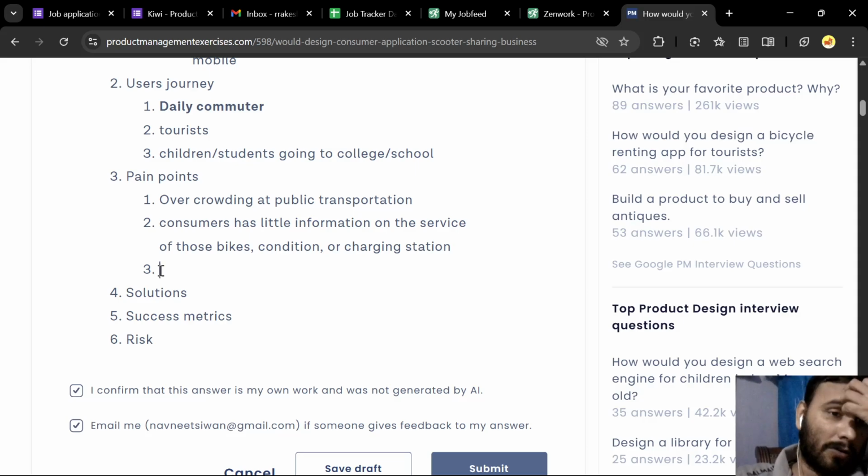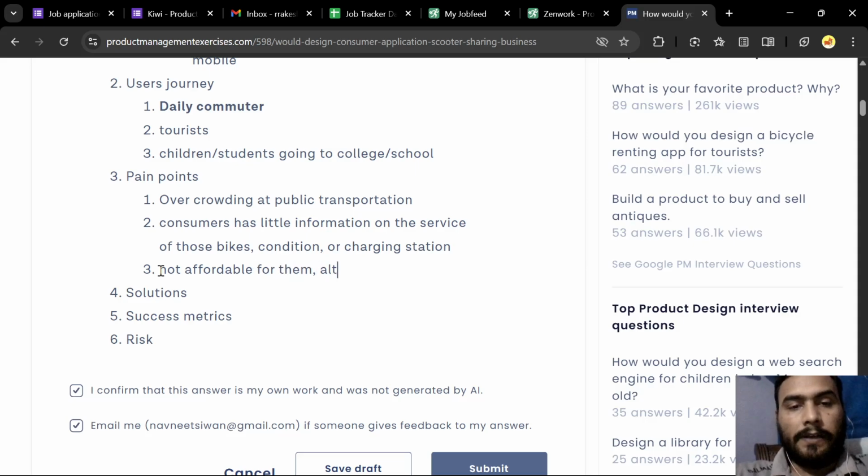booking a cab or online transportation booking, which is not affordable for them. Alternative solutions are expensive.